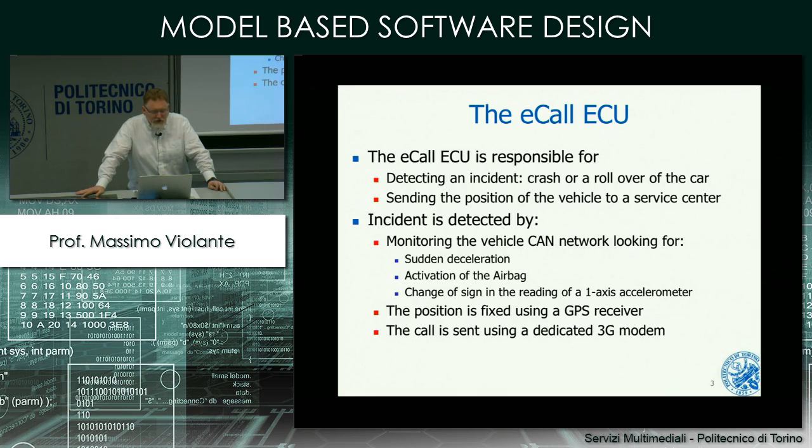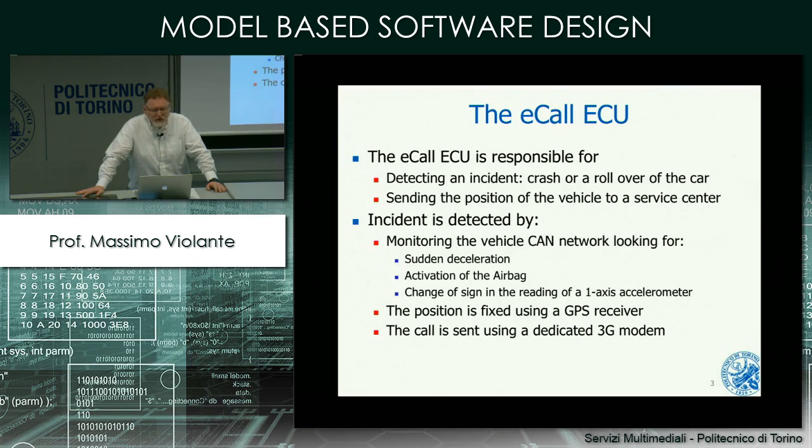Then we could also have accelerometers inside the vehicle, and these can be used for detecting changes in the orientation of the vehicle. This is important for detecting the rollover, for example. Then we have a GPS receiver.